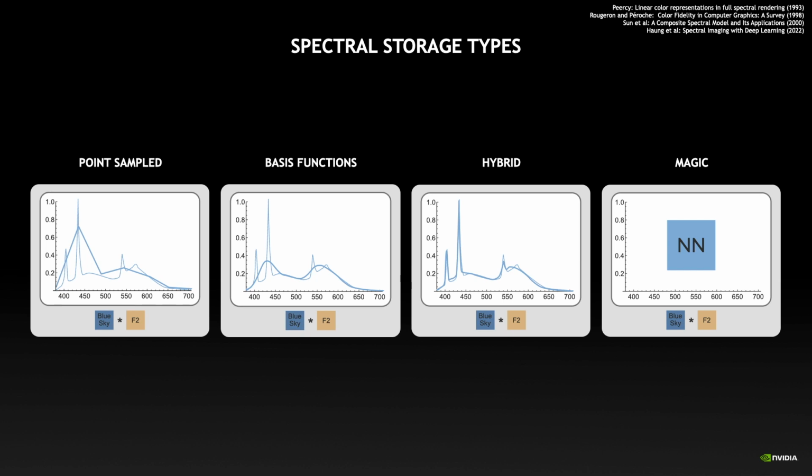And then there are, of course, neural networks you could use to encode your spectrum. Especially the last category is not really explored, what it can do, how powerful it is. So there is definitely more work to be done on this frontier.